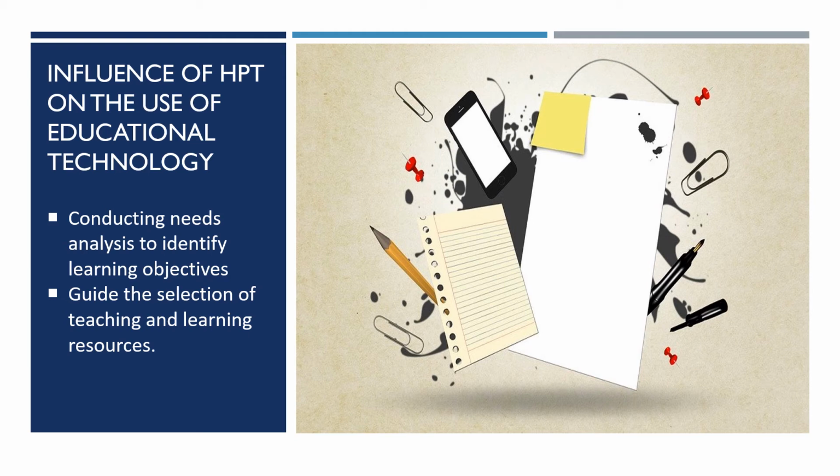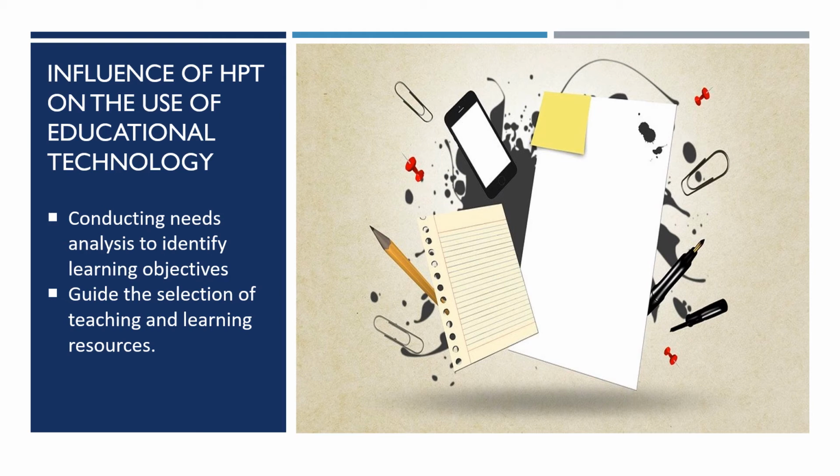To highlight how HPT influenced the use of educational technology, we can also talk about how it helps to conduct needs analysis in order to identify learning objectives, and then how it guides the selection of teaching and learning resources.